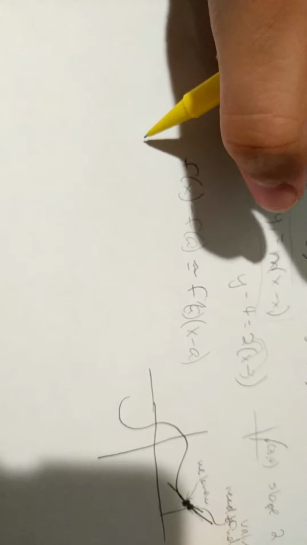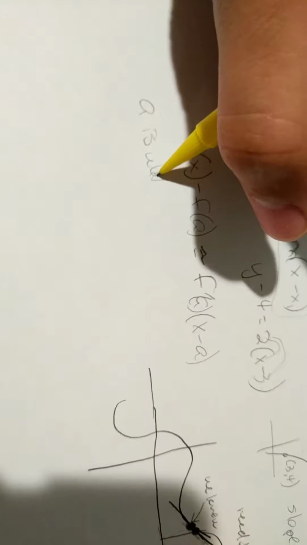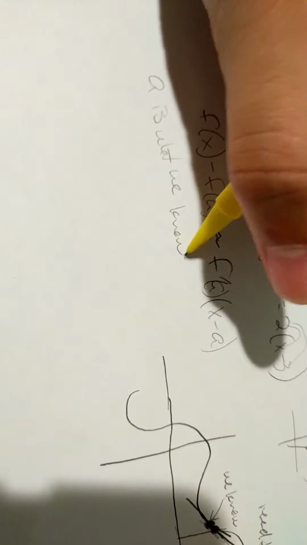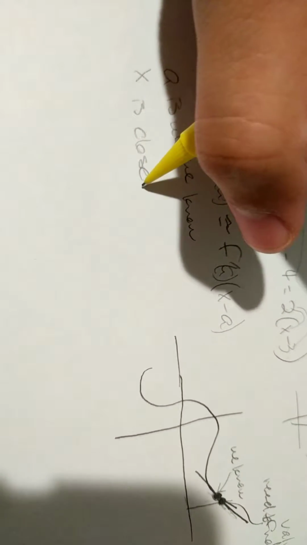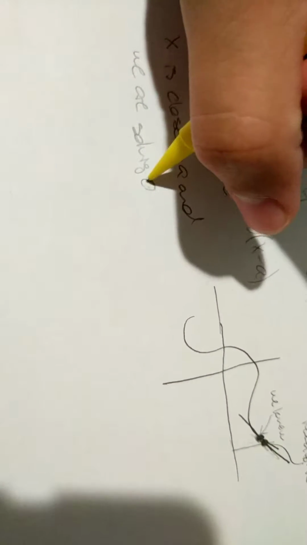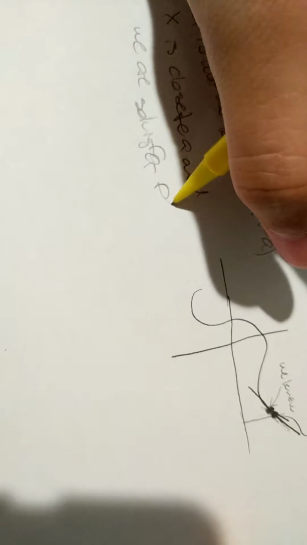So in this case, a is what we know, x is close to a, and we are solving for f of a, or f of x, sorry.